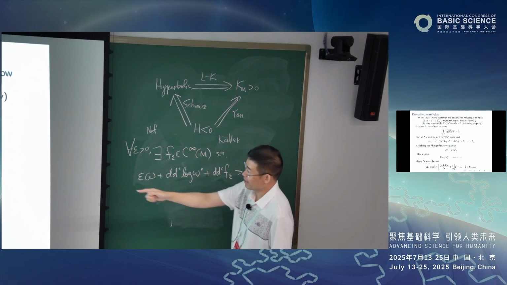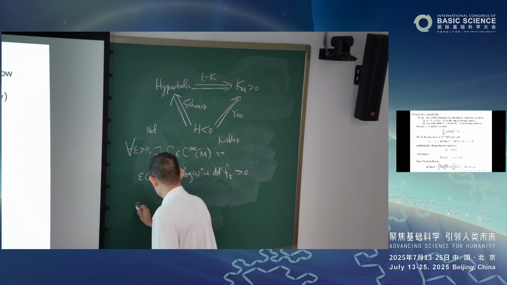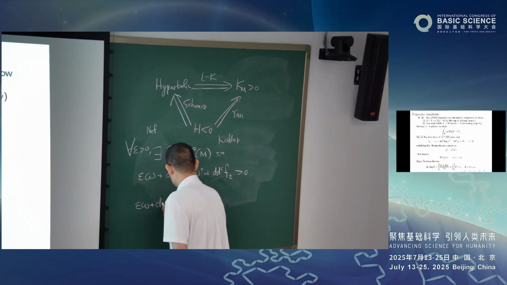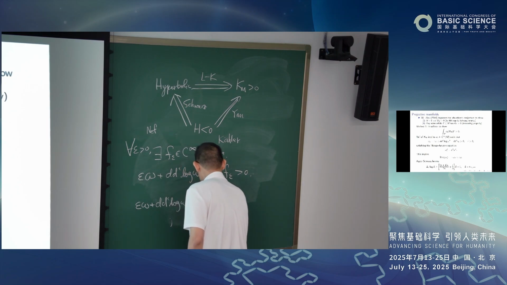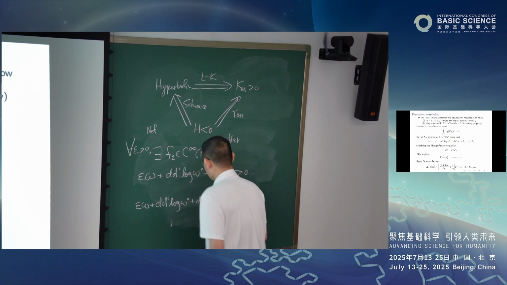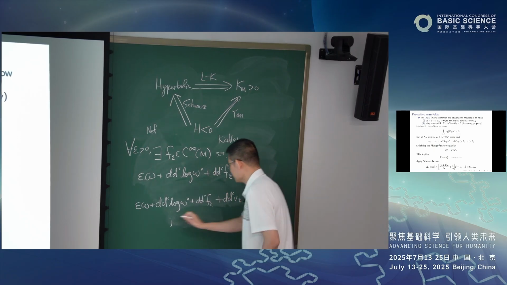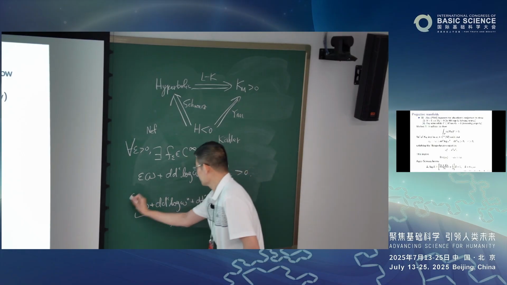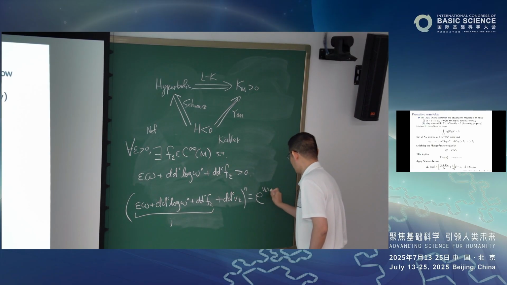Then from here we can solve this U epsilon, because what we do is that we look at this. Then we solve a Monge equation for V epsilon. This is the background metric now. Solve this equal to e to the V epsilon plus F epsilon.